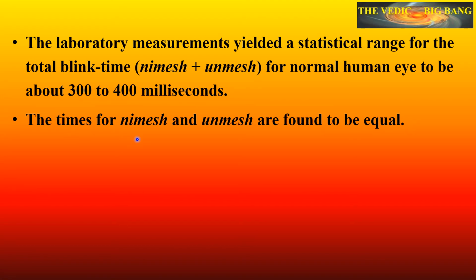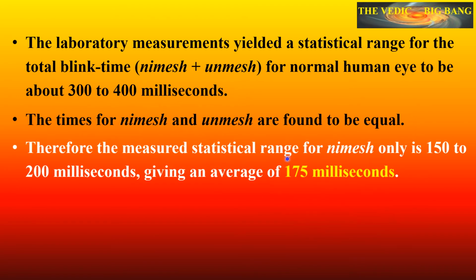The times for nimesh and unmesh are found to be equal. Therefore, the measured statistical range for nimesh only is 150 to 200 milliseconds, giving an average of 175 milliseconds.